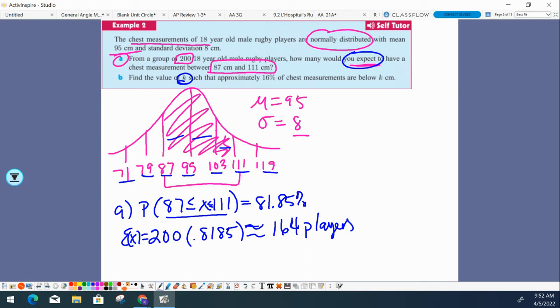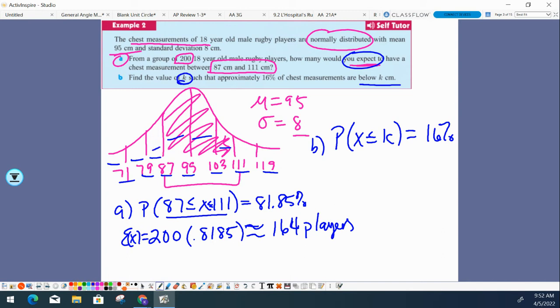Now, K will be one of your numbers down below. Find the value of K such that the probability that X is less than or equal to K gives us 16%. So we're going to add all these up until we're approximately 16%.